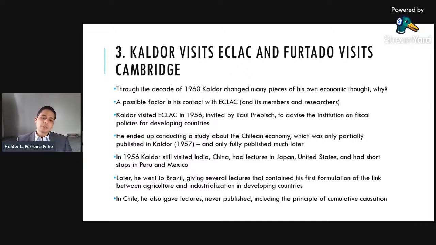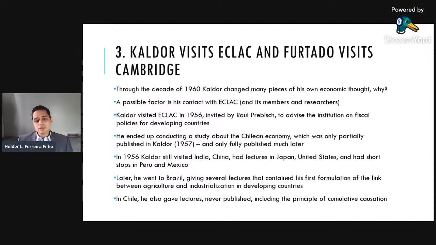However, he ended up conducting a study about the Chilean economy, which was only partially published in '57, like we said, because of elections concerns. In 1956, Calder also visited India and China, gave other lectures in Japan and the United States, and had short stops in Peru and Mexico, lots of American countries.